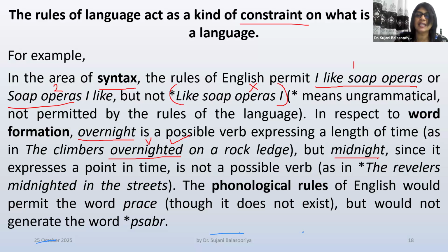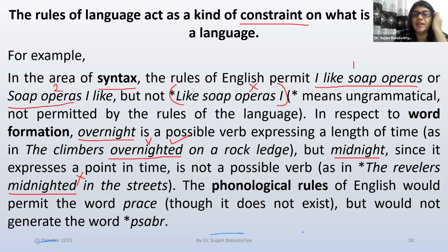But in this sentence, the revelers midnighted in the streets. Can you say so? Midnighted in the streets? It doesn't make any sense. This sentence is wrong. Wrong means the word midnighted doesn't have any meaning there. But the thing is, both words have the word night, but we can't use it that way. So there are constraints.